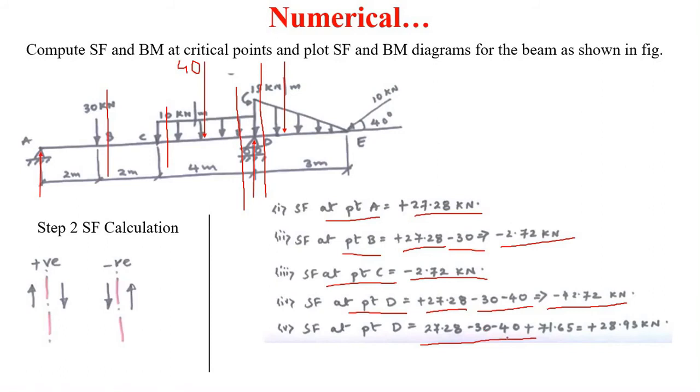RD is equal to 71.65. Then calculating this shear force at point D, it will become 28.93 kilonewton.